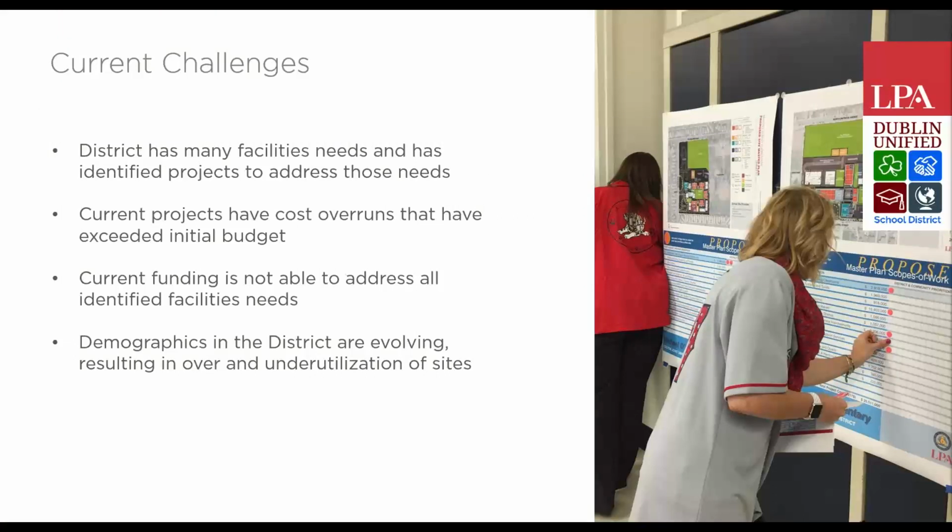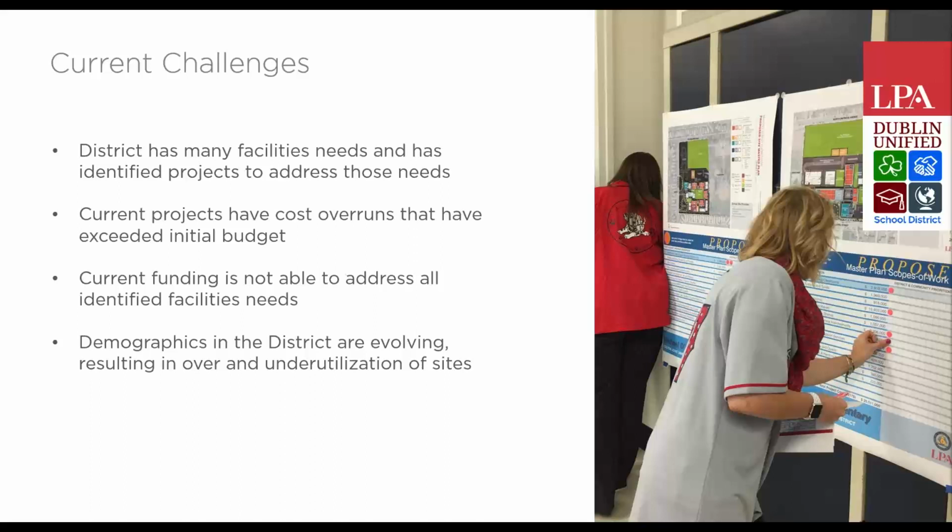Sure. So next we want to talk about the current challenges and our findings to date. As you all know, you have a growing district, unlike a lot of the districts we've come across in the Bay Area of recent. That indicates you've got a lot of facility needs and a lot of projects to address those needs.